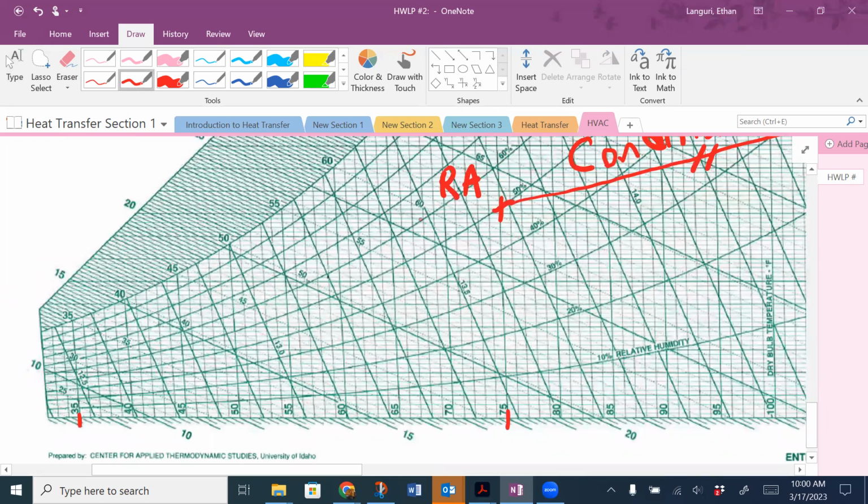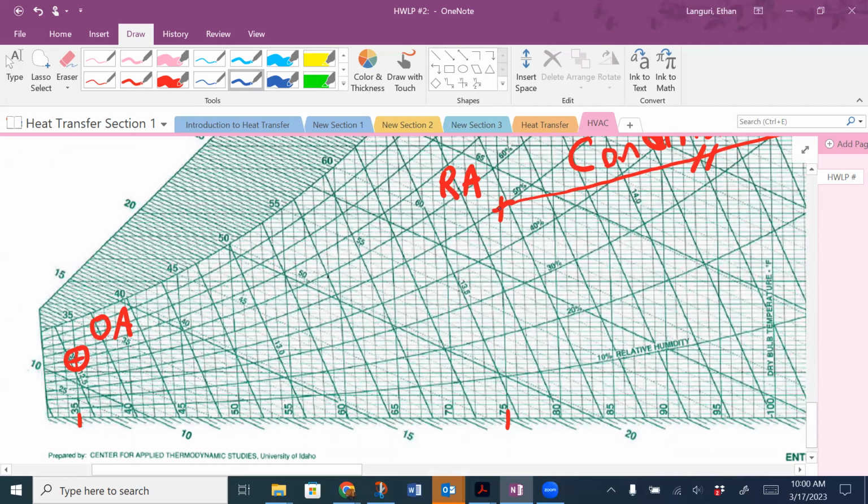If I follow this curve all the way, this is where they intersect. So this is my outside air, okay? And I know my outside air connects to my return air in their mix, right?